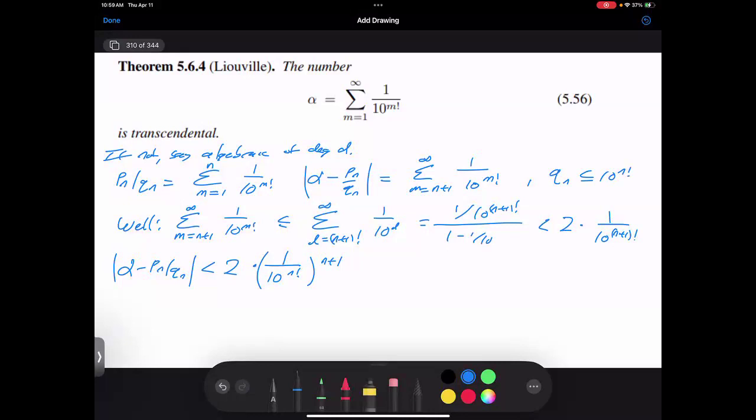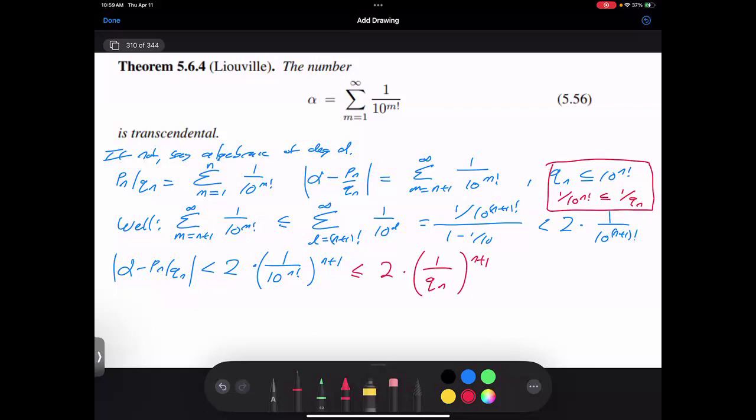I can't imagine that there would be. But when we somehow add these, we know that the greatest common denominator is at most 10 to the n factorial. So this means if we divide, 1 over 10 to the n factorial is less than or equal to 1 over Qn. So over here now, this is going to be less than or equal to 2 times 1 over Qn to the n plus first power.